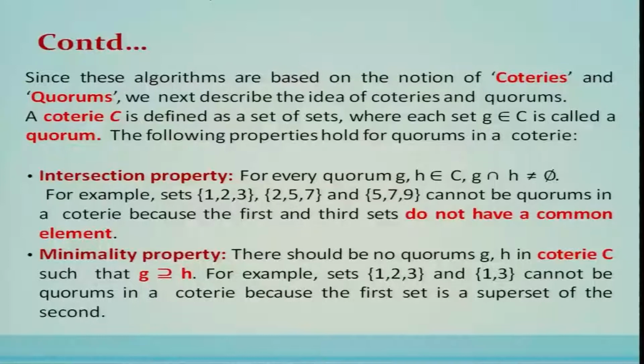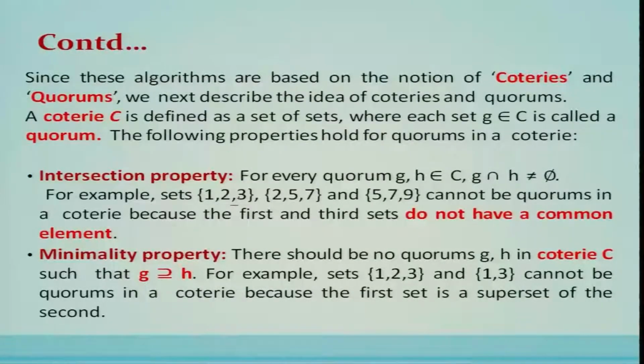For example, the sets {1, 2, 3} and {2, 5, 7} cannot be quorums in a coterie because the first and third sets do not have a common element.